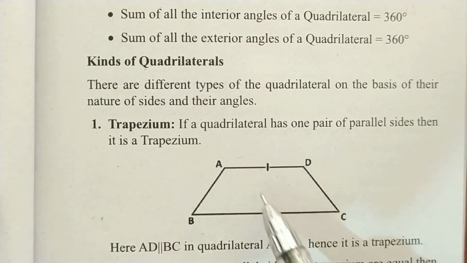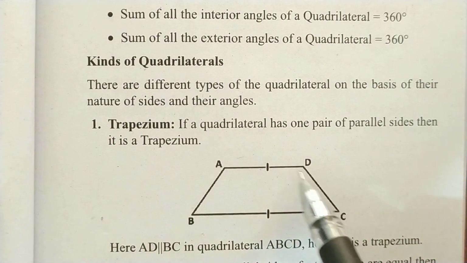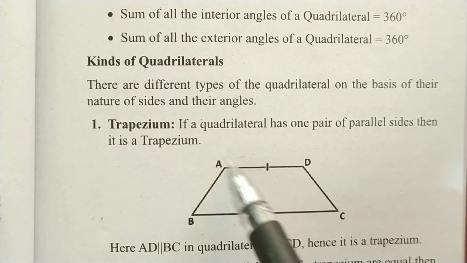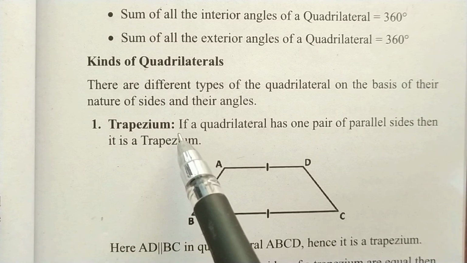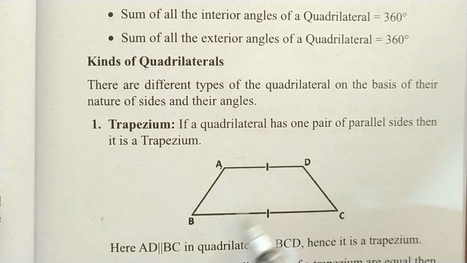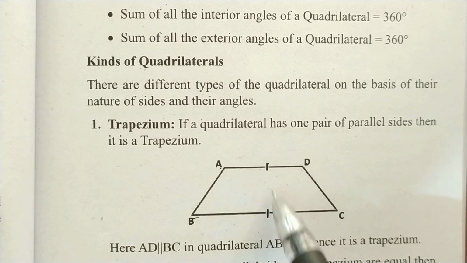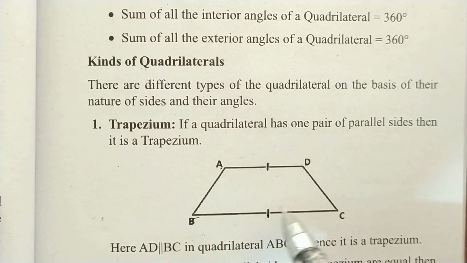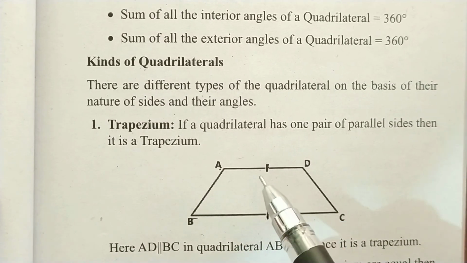A quadrilateral is a figure bounded by 4 line segments. Here sides AD and BC are the 2 parallel sides, only one pair of parallel sides. Then it is a trapezium.